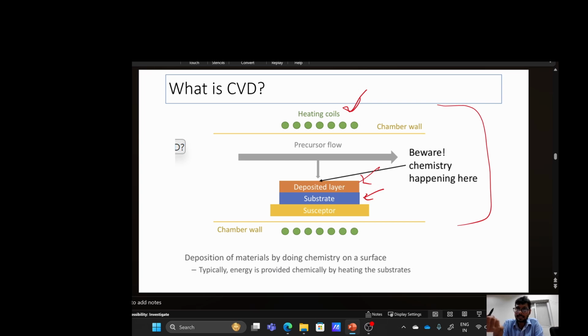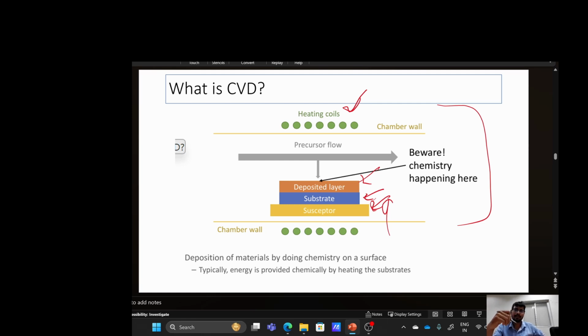That can be silicon, glass, or any kind of substrate, silicon nitride as well. This is a susceptor, made of silicon nitride or similar materials, which can withstand higher temperatures.